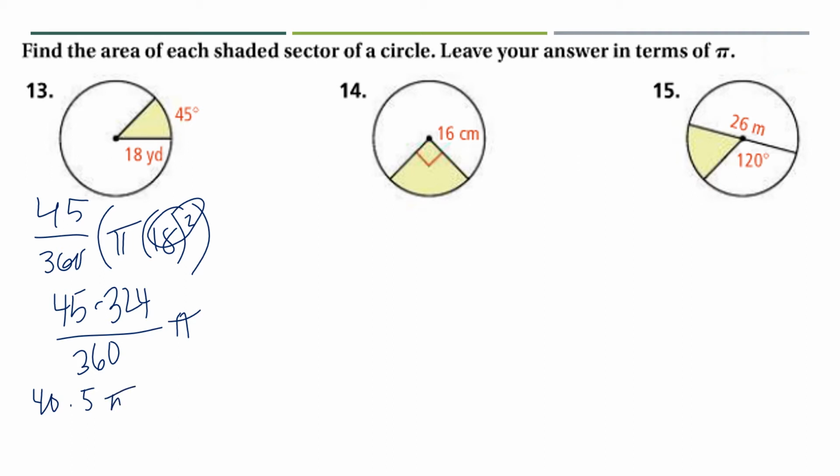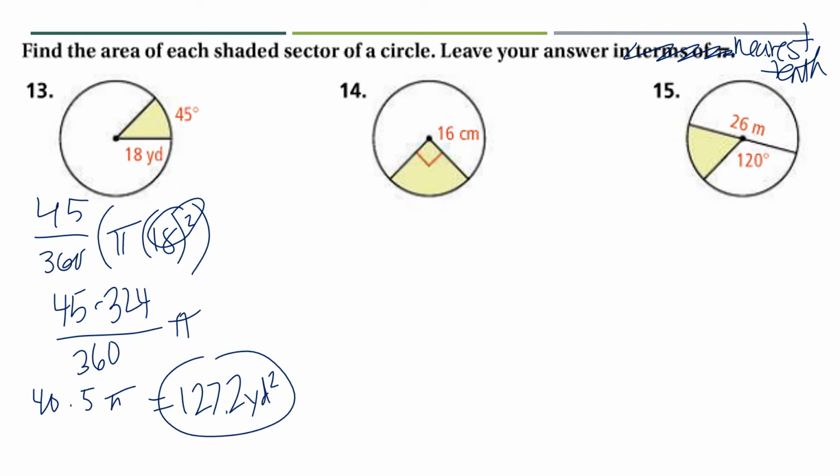And on this, it says leave your answers in terms of pi, but I changed it on the notes to nearest tenth. So we're going to write that. So 40.5 pi would be 127.2 yards squared. And that is the area of that little yellow piece.